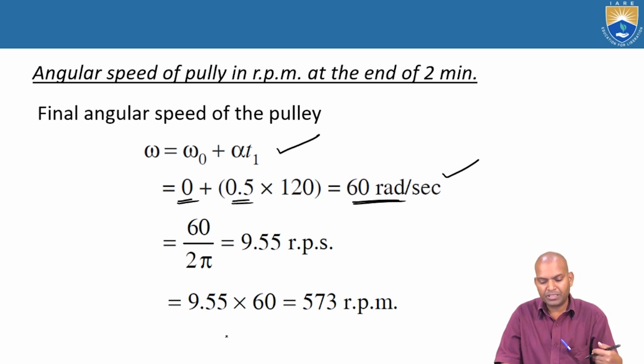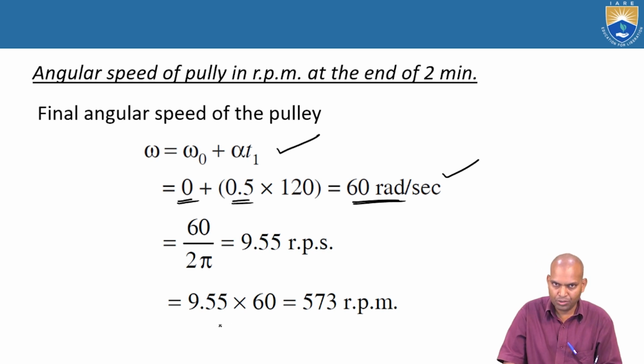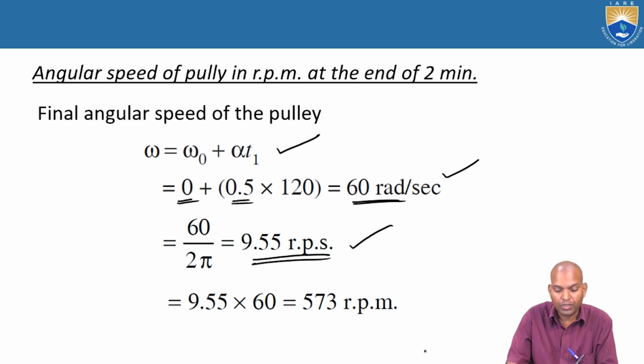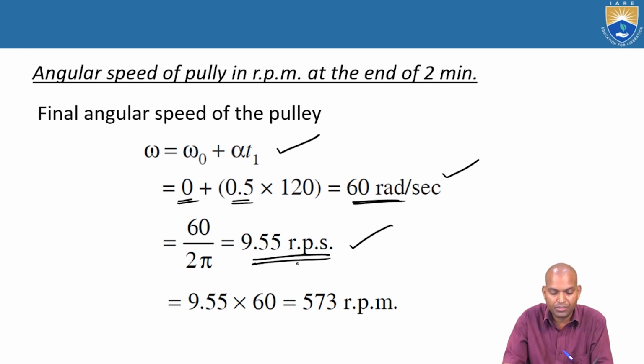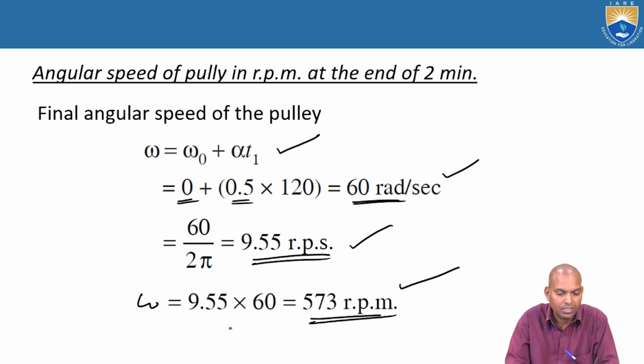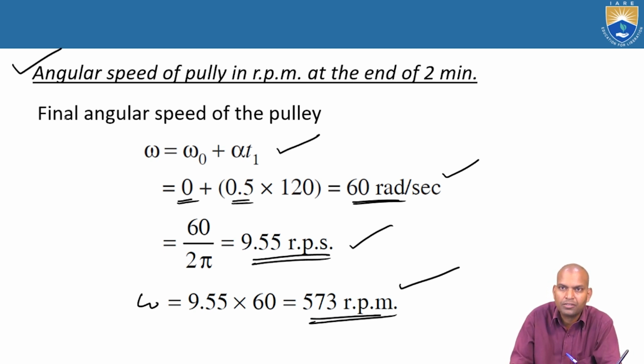Converting 60 radians per second into revolutions per second, that is 60 divided by 2 pi, which is 9.55 RPS. One minute is 60 seconds, so 9.55 times 60 is 573 revolutions per minute. That is the angular speed of the pulley in revolutions per minute.